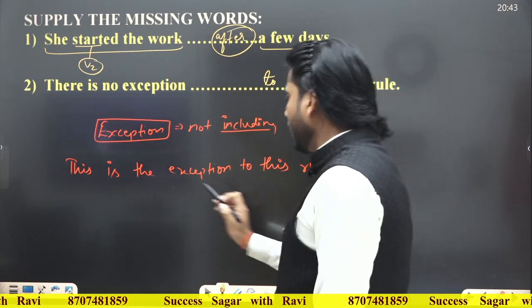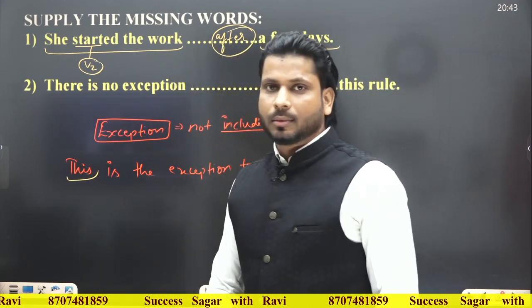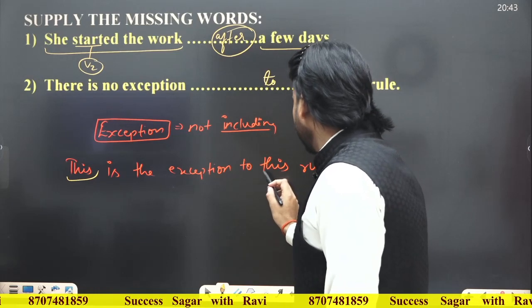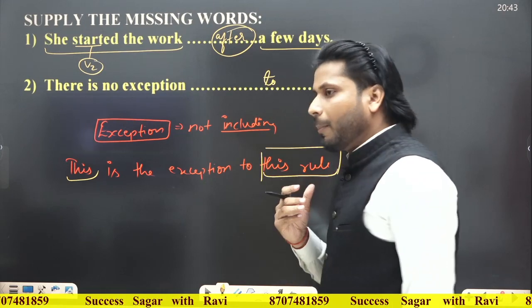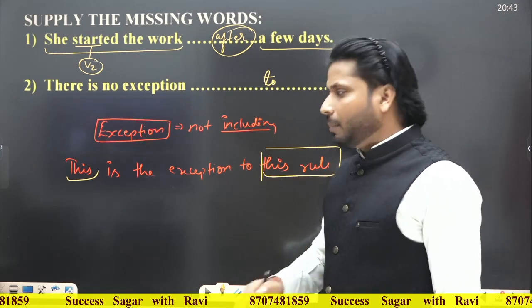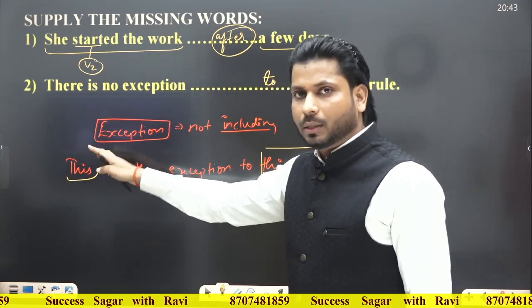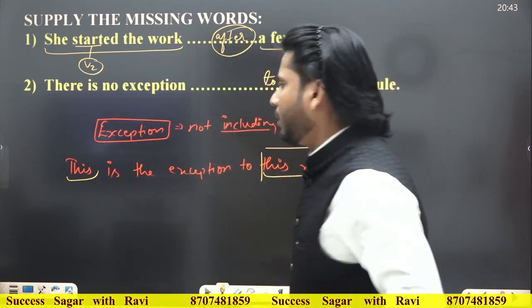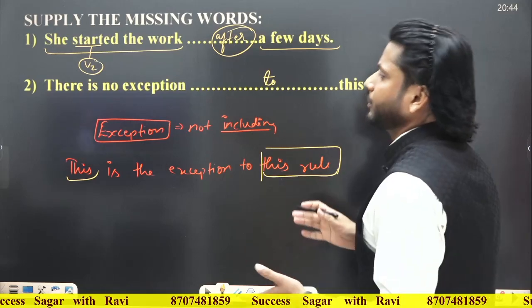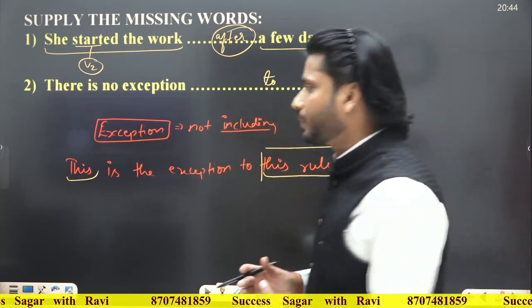It means this particular thing does not follow this particular rule. This particular rule is applied at many places, but this particular term is not included in this. In short, I just want to tell you, after exception, in most of the cases we use the preposition to.